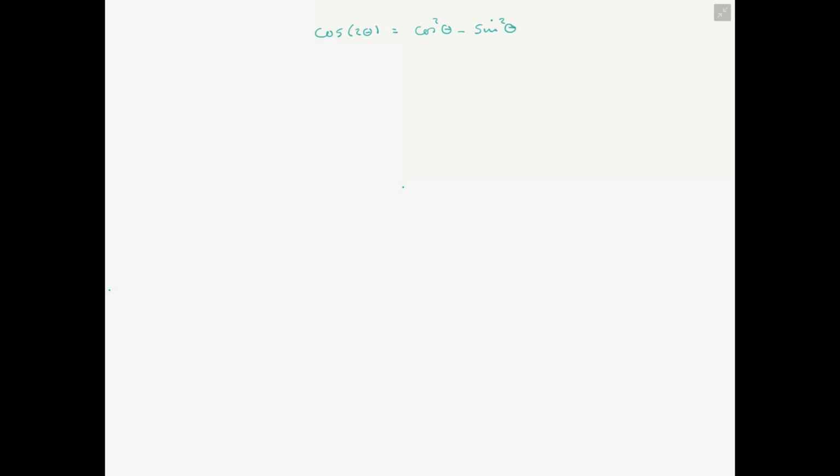And when we work that out, we can have either 2 cosine squared theta minus 1 equals cosine 2 theta, and that would be 1 plus cosine 2 theta on 2 equals cosine squared theta.